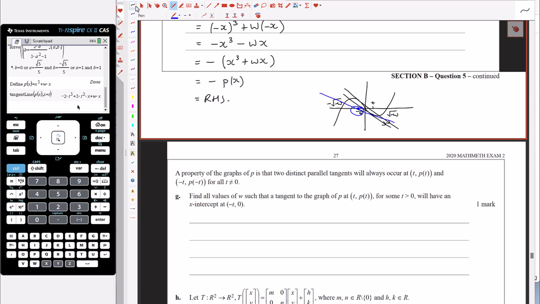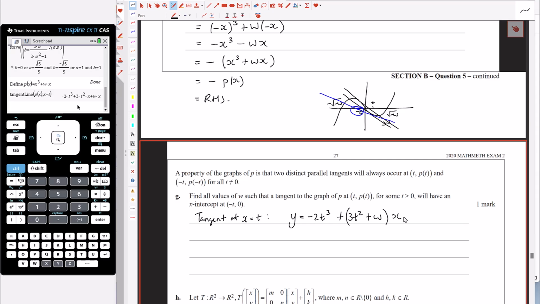Okay, so the tangent at x equals t is y equals negative 2t cubed plus 3t squared times x plus wx. If we'd done that by hand, that would have had that x factored out. So we could write it that way if we wanted. That would be the same as 3t plus w times x.